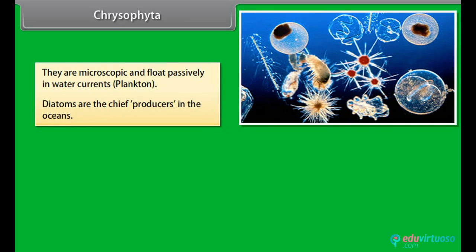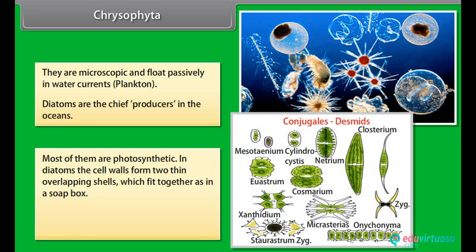Diatoms are the chief producers in the oceans. Most of them are photosynthetic. In diatoms, the cell walls form two thin overlapping shells which fit together as in a soap box. The walls are embedded with silica and thus the walls are indestructible.